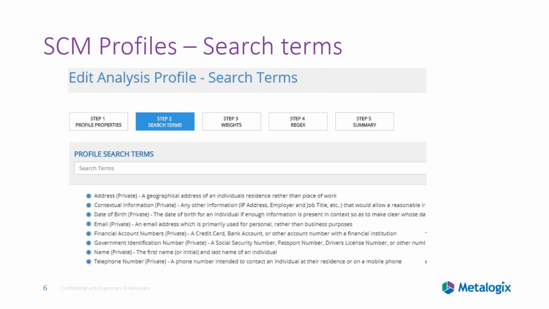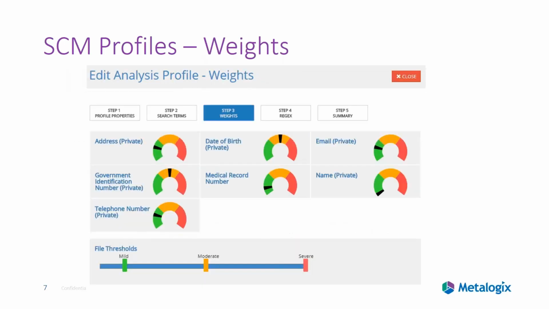For example, in the PII profile, these search terms are the personal identifiable information like a person's name, date of birth, financial account number, address, email address, etc. So each content search uses a set of search terms in a profile, and you can define new search terms as needed. When you create a new profile, you can simply drag and drop the search terms you want from the search terms list into the profile search terms.